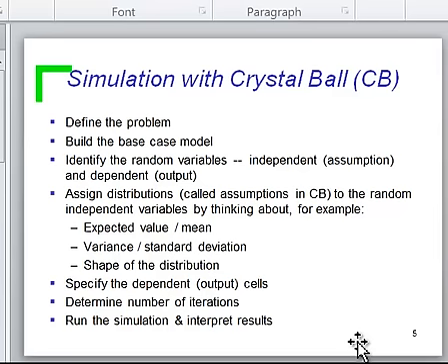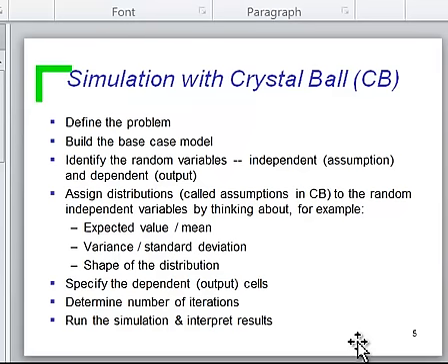The more iterations we run, the more information we have about the outcome variables. But the more iterations we run, the longer it takes Crystal Ball to do this. So there's this trade-off between time, if your model happens to be quite big, it can take a lot of time, and the amount of information you have. I would encourage you to run a lot of iterations. Your models are going to run pretty fast, so try to run about 1,000.